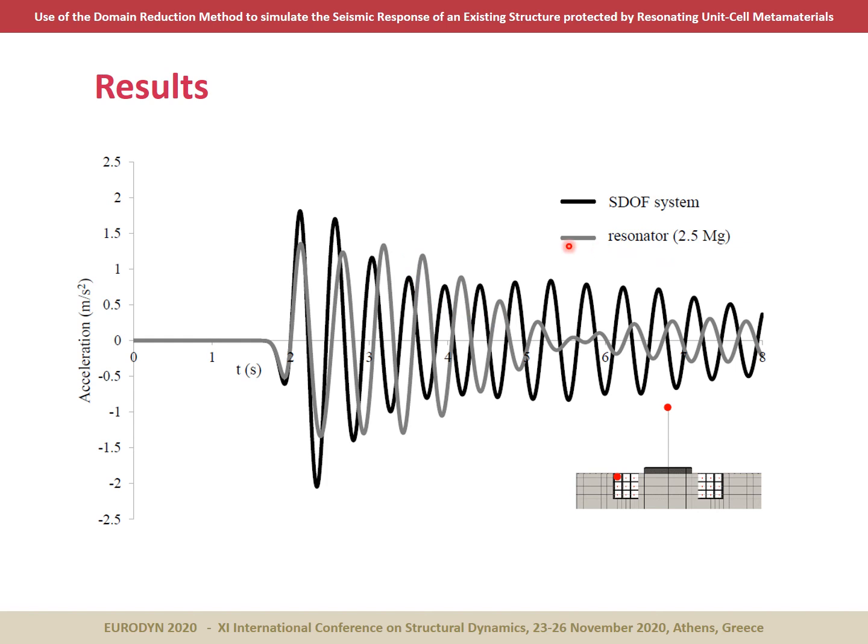And this is happening because the two systems, the mass and the single degree of freedom system, are vibrating out of phase in this area around here. However, if you recall from the previous slide again, at the very beginning of the excitation, we observed negligible reduction in the acceleration, and this is happening because the two systems are moving totally in phase here at the beginning of the excitation.